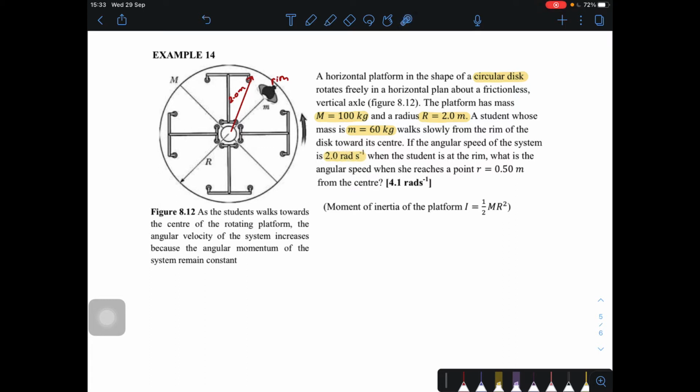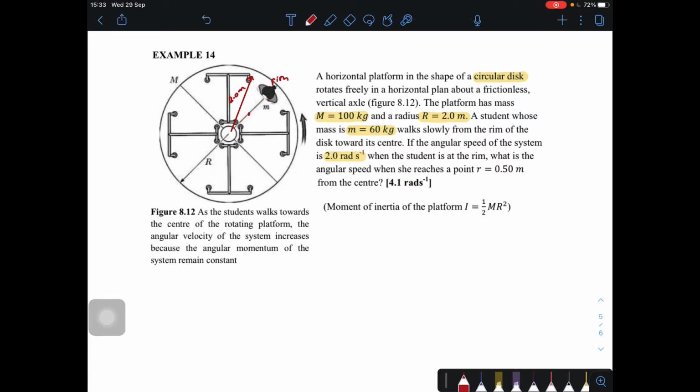Okay, angular speed of the student apabila dekat point ni adalah 2 radian per second. And then, we want to find what is the angular speed of the student when she reaches a point 0.5 meter from the center.